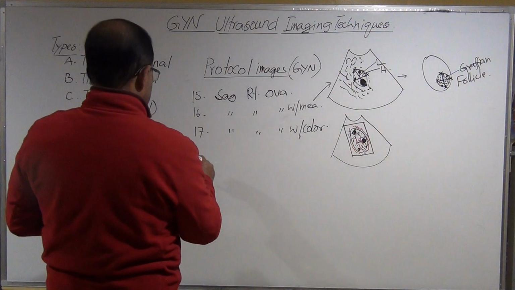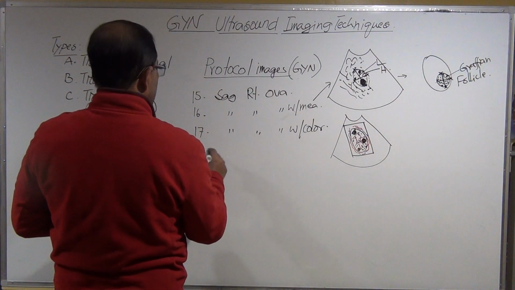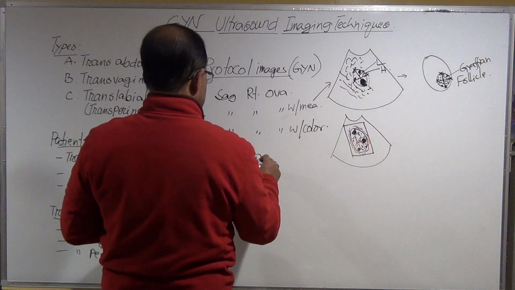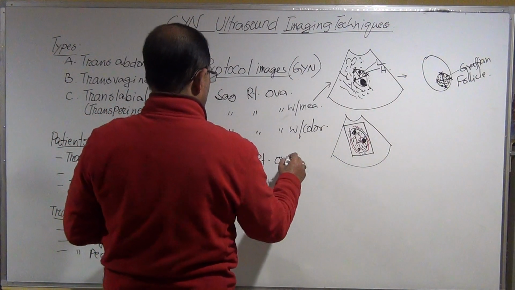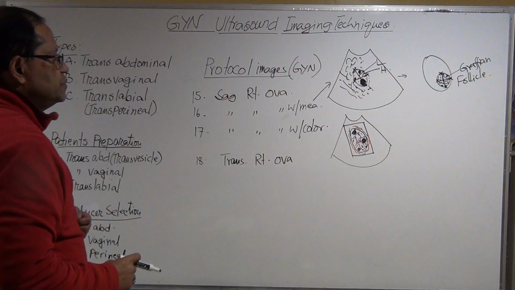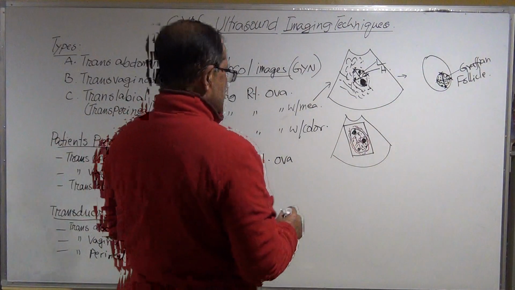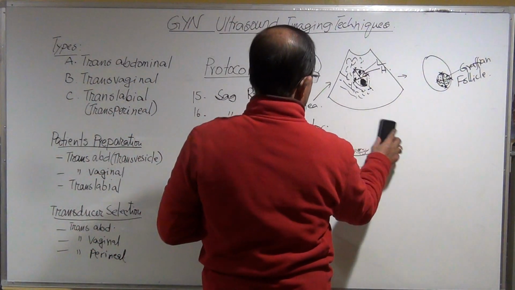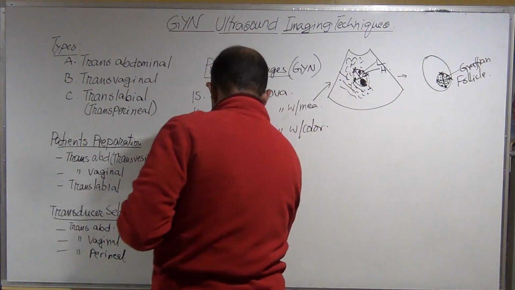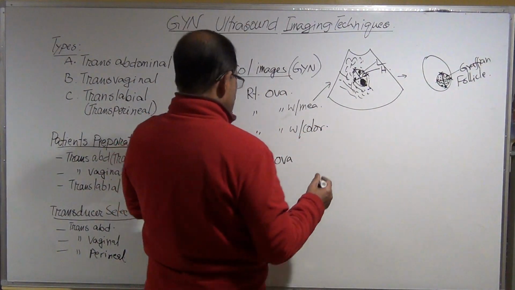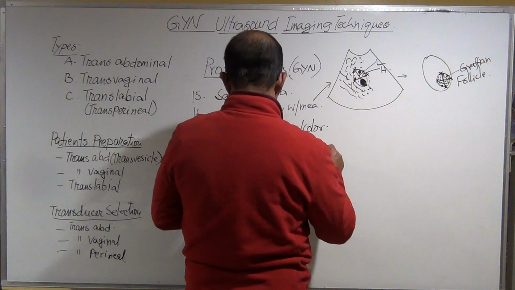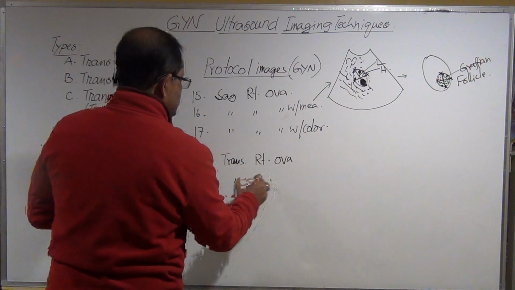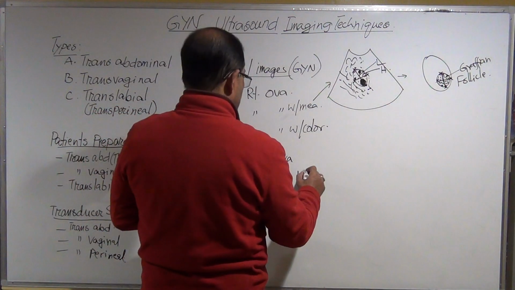Now transverse. Transverse right ovary, without measurement, and 19 is transverse right ovary with measurement.